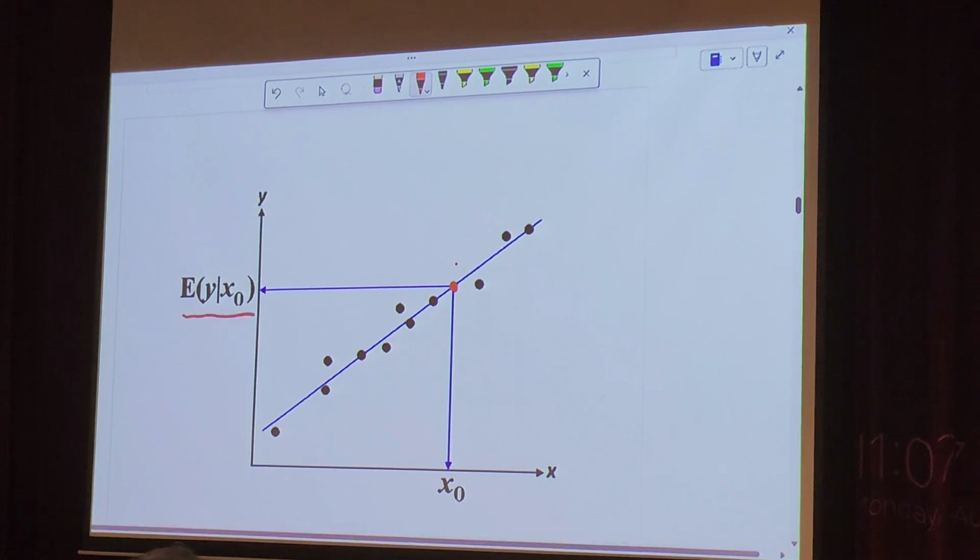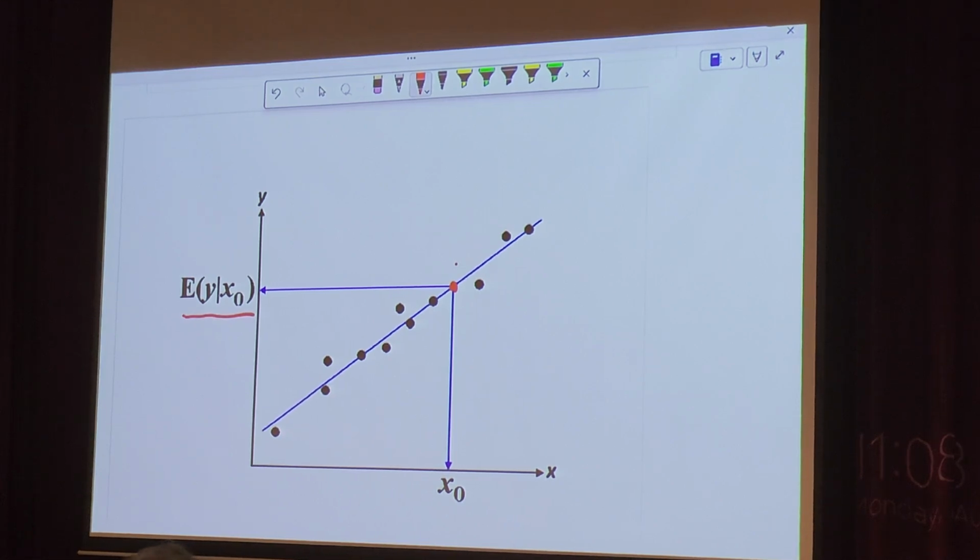Can you tell me, just casually, this expectation of y given x0, is this a constant or is it a random variable?